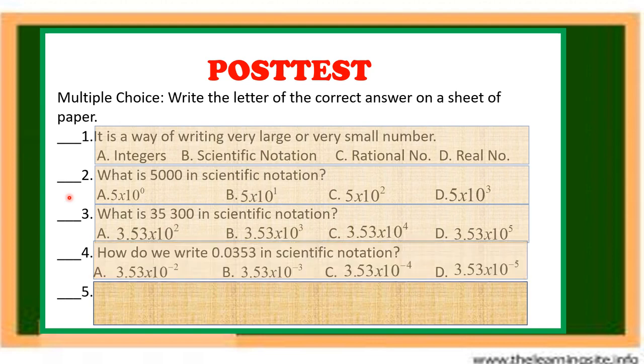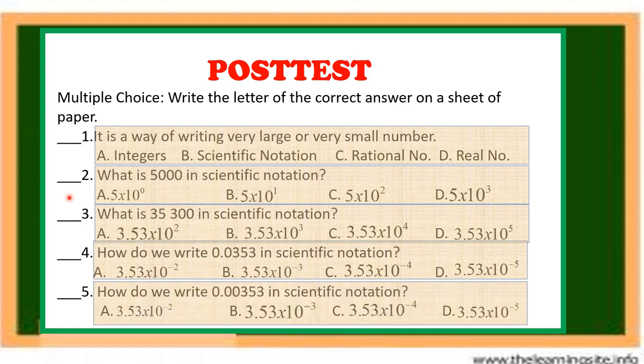Next, number 4. How do we write 353 ten-thousandths in scientific notation? 3.53 times 10 raised to negative 2, 3.53 times 10 raised to negative 3, 3.53 times 10 raised to negative 4, or 3.53 times 10 raised to negative 5.